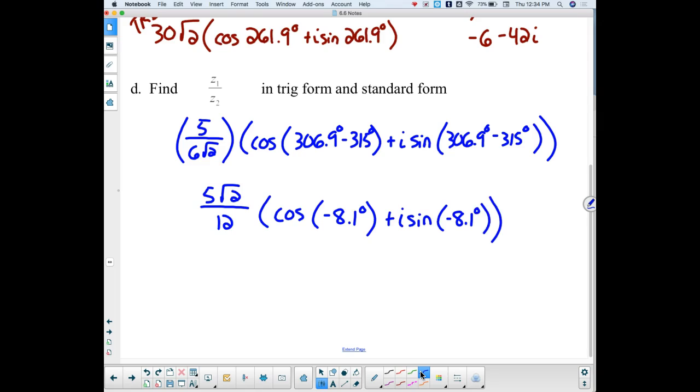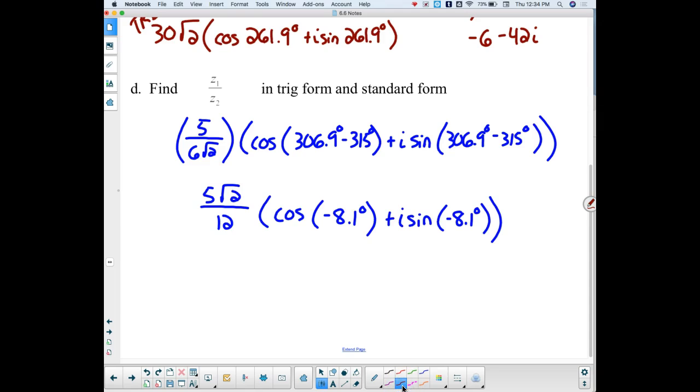And what don't I like about that one? It's negative. So how do I make it positive? How would I make negative 8.1 degrees positive? So just add 360 to it? Yeah, so we could just add 360 degrees to it, okay?